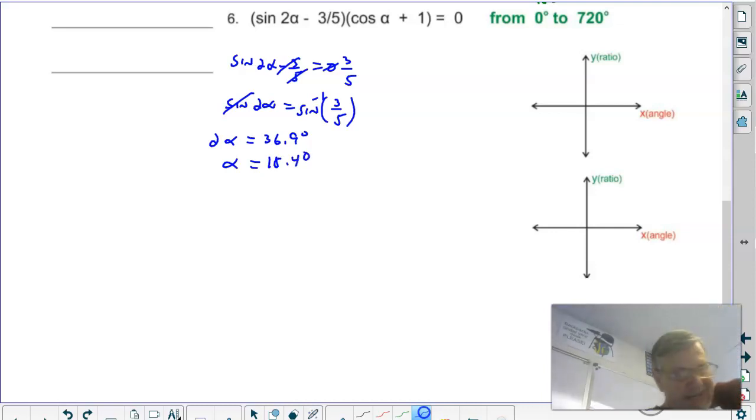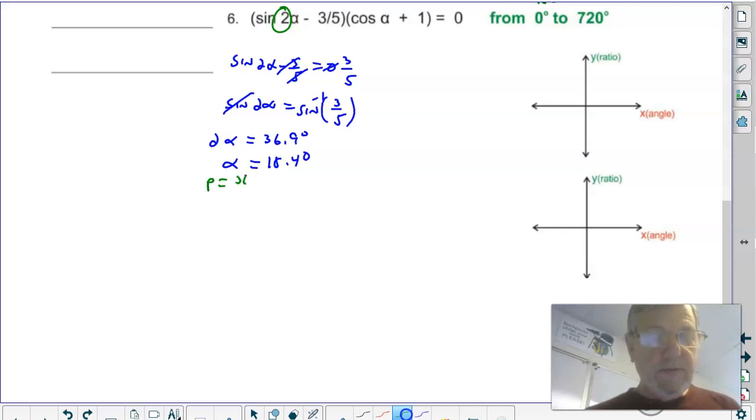Now, I got to take note of the period, and I have to take note of what domain they want us to give the values over. Period. You got that 2 there. So the period, 2 waves in every 360, right?